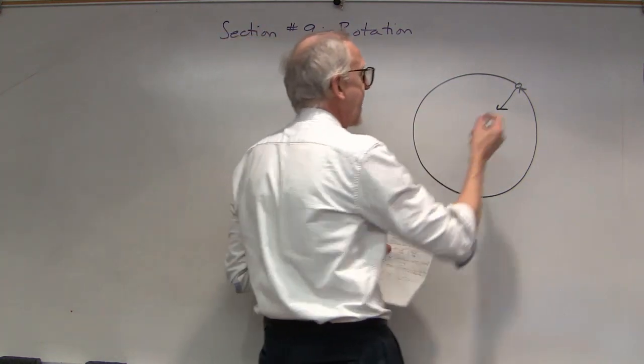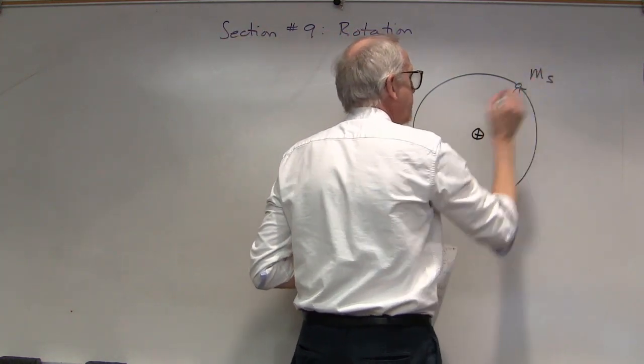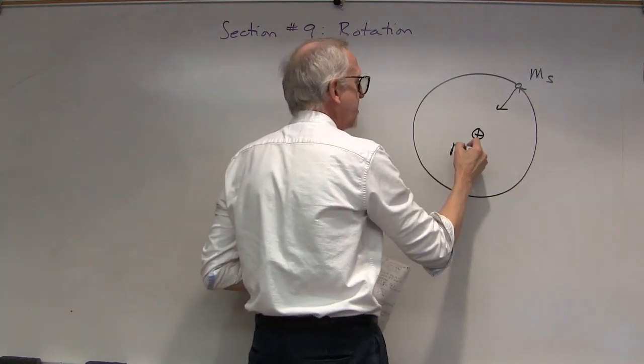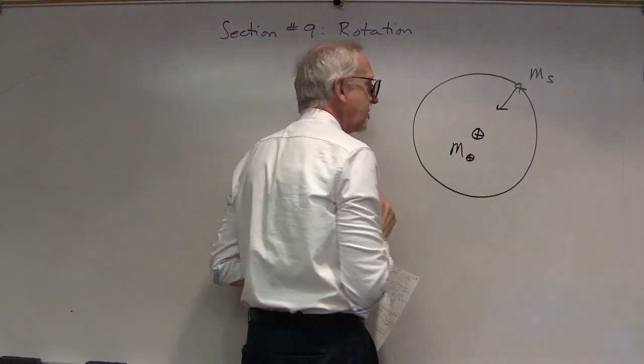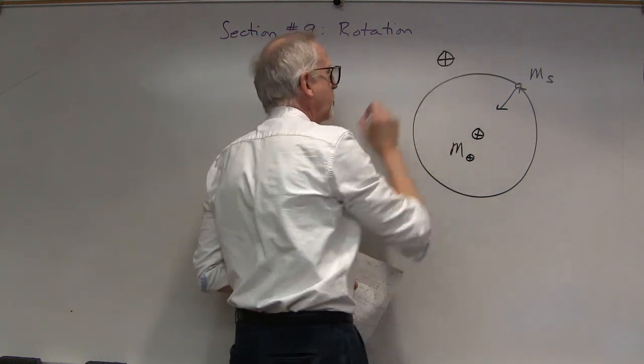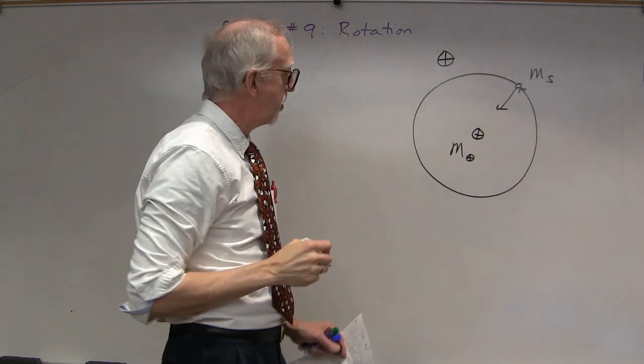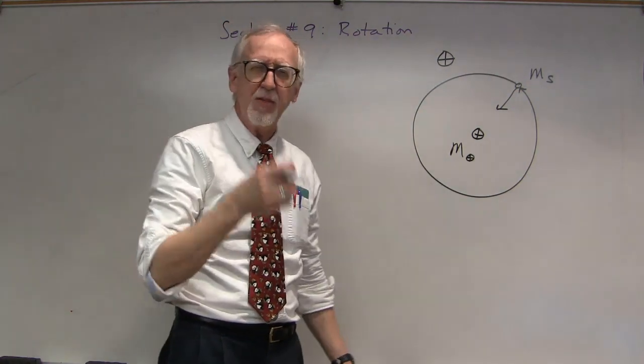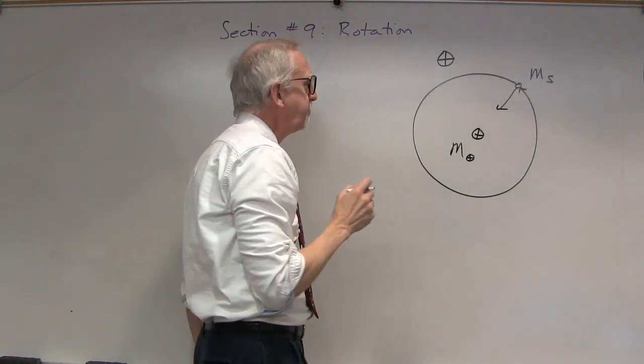Let's imagine that the satellite has a mass of m sub s, and the Earth, we'll assume, has a mass of m sub Earth, and I'm going to use a little astronomical symbol, a circle with a plus sign in it, to represent the Earth. That's a little symbol that's used to represent the Earth for many years.